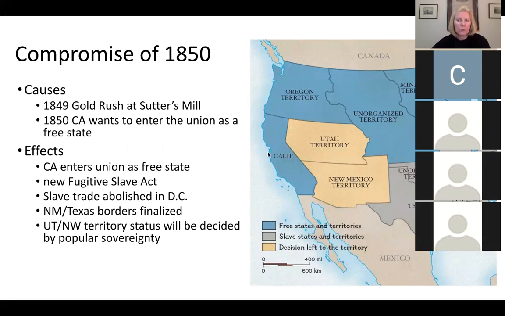So the California gold rush is going to bring in, in less than a year, 100,000 people. Those 100,000 people, for the most part, are miners. They are people who don't own slaves. They are people who want to see if they can try their hand at making money, finding gold in the West. A lot of people go out there and don't find gold, but they do want to establish a state.